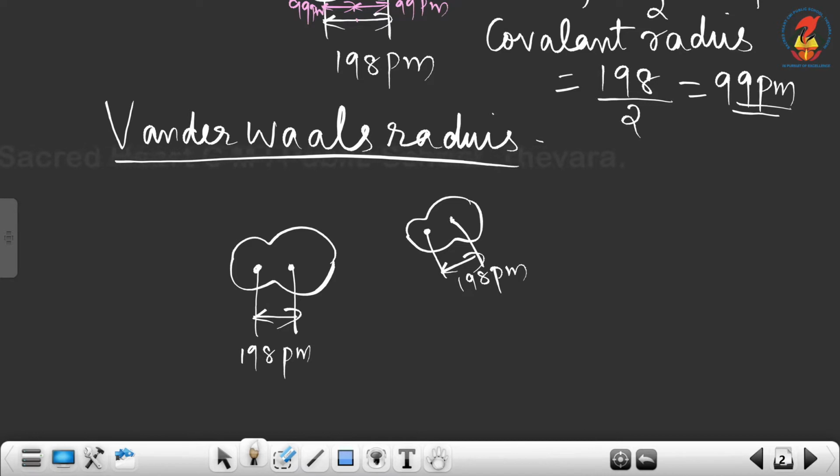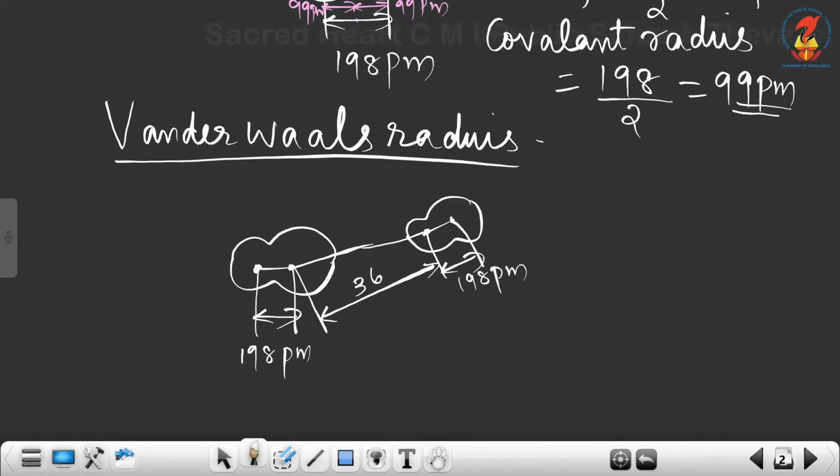The covalent radius will be 99 picometer. Now, what will be the van der Waals radius? You will measure it from the nucleus of one molecule to the nucleus of the next molecule. Okay, so this is the van der Waals radius.